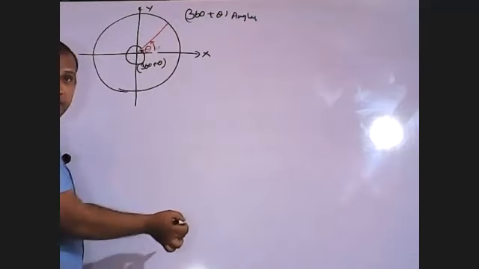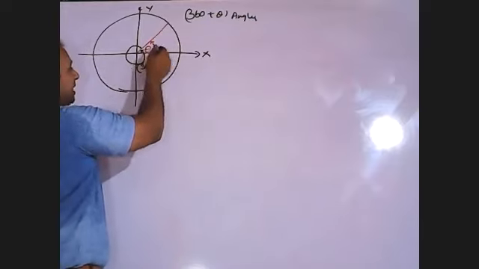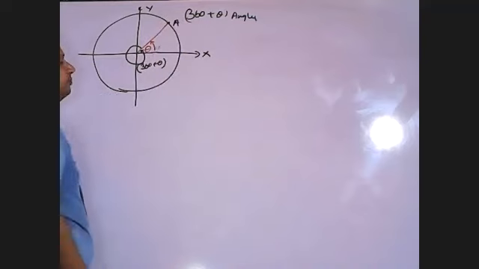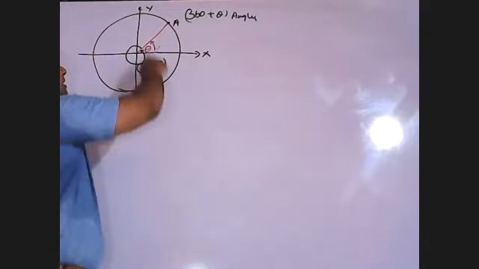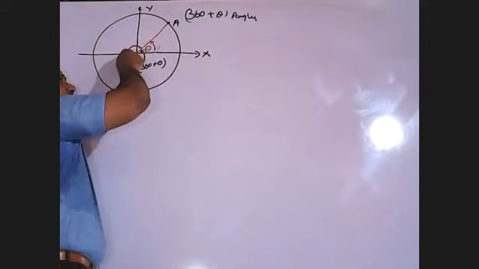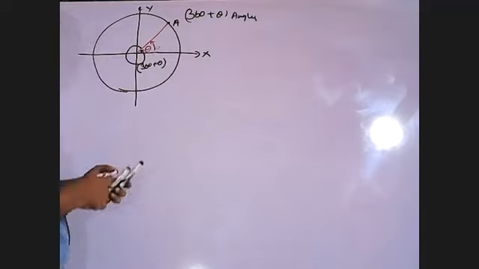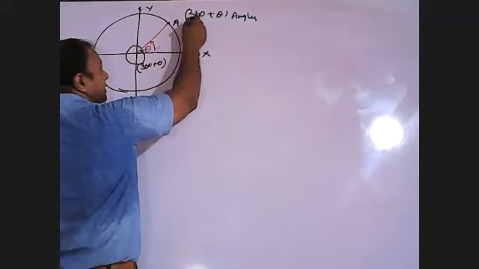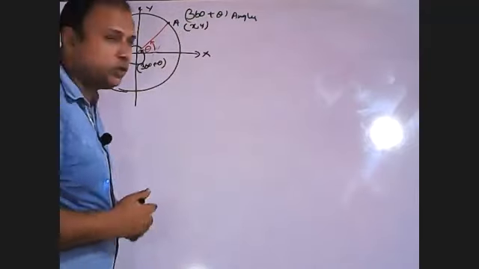Therefore, the point corresponding to 360 plus theta is this one, A. Now A is in the first quadrant. That means the first quadrant is bounded by plus y and plus x. Therefore, the Cartesian coordinate of A is x comma y, both positive.